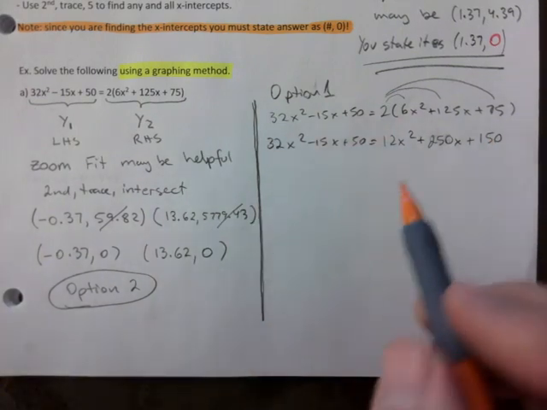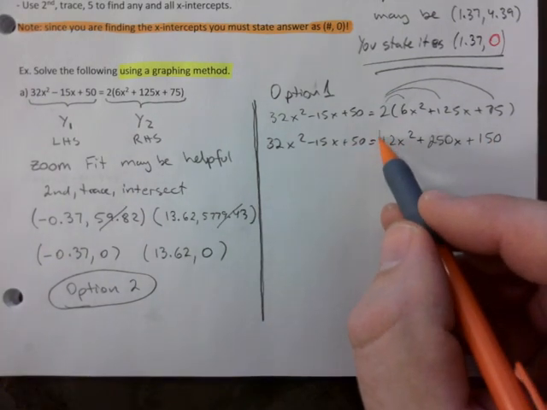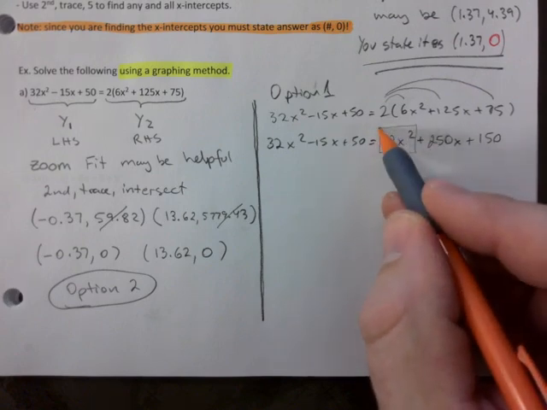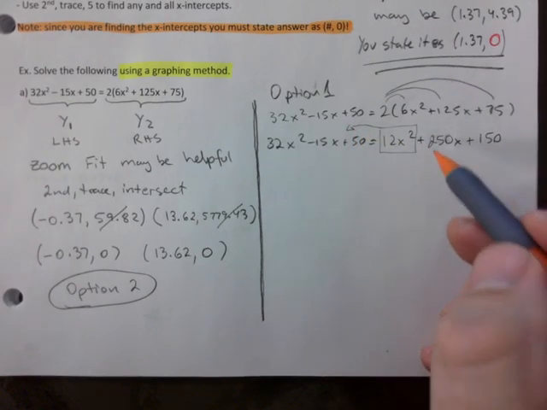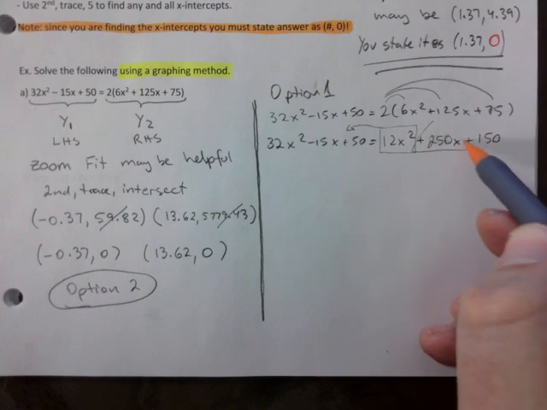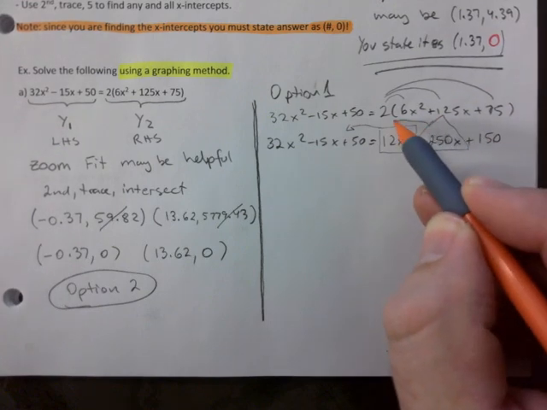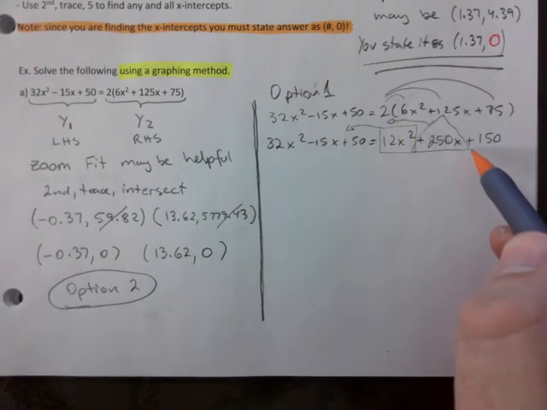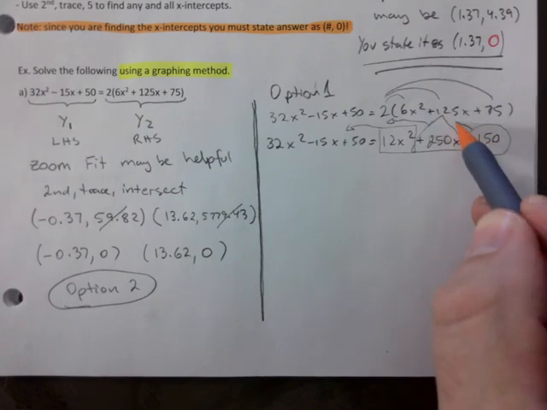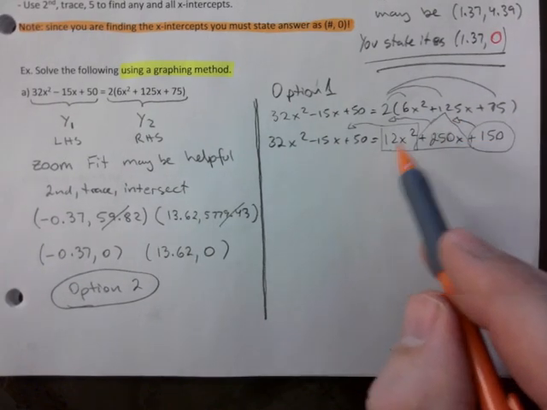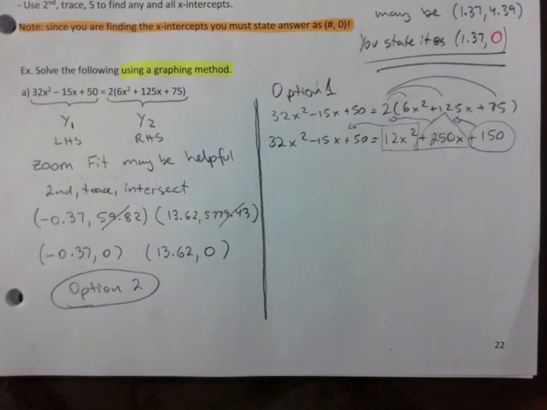Now I'm going to bring stuff over. So I'm going to bring the squared terms over to this side. I'm going to bring my x's over to the other side and my constant also over to the other side. So they're all terms. It's almost like chunks and blocks, right?